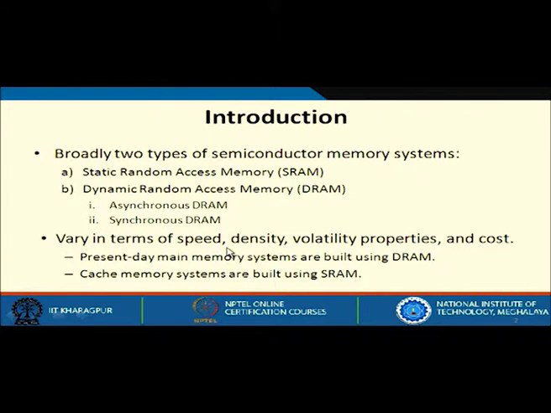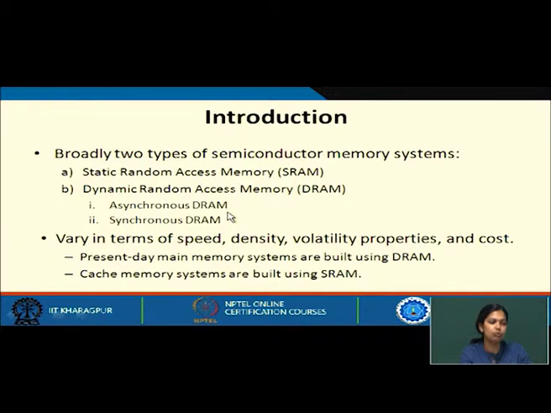They vary in terms of speed, that means how fast your SRAM or how fast your DRAM is. They vary in terms of density, that means within the same area, how many bits you can pack using SRAM or using DRAM.